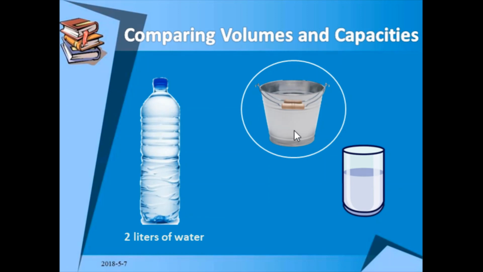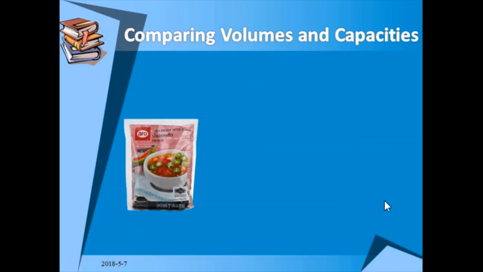Okay, so far so good. Next, let's have the last example. For instance, I have 1 sachet of fish sauce. This one contains a small amount only because it's in a sachet. What is appropriate to use?